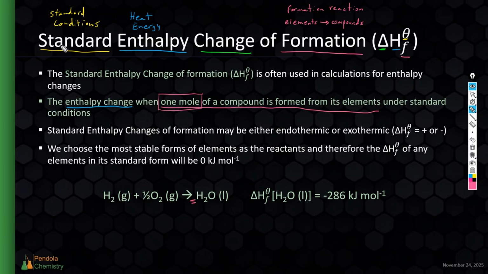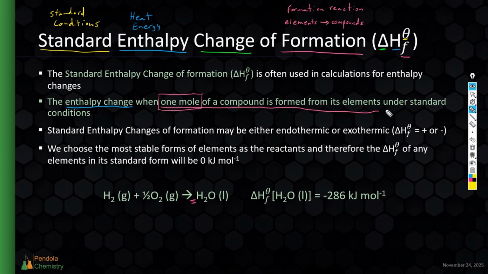Because the definition for standard enthalpy change of formation ties down that product coefficient to be 1 mole. Because, again, this is not the enthalpy change when 3 moles of a compound are formed. It's the enthalpy change when 1 mole of a compound is formed from its elements under standard conditions.